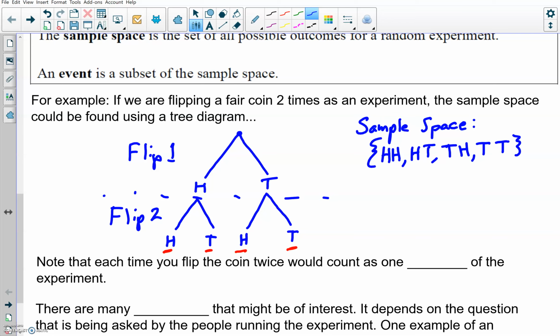Like for heads, tails, it's like, oh, the nickel got heads and the dime got tails. And then for tails, heads, oh, the nickel got tails, the dime got heads. And it's important to make sure that you do account for all the possibilities in your sample space. And if you don't, you'll get the wrong probabilities when you go to calculate them.